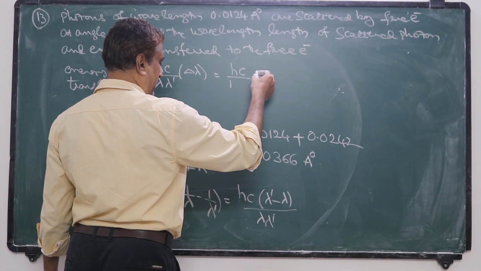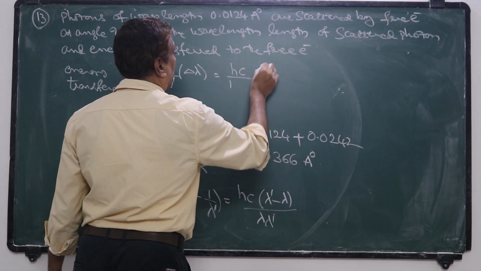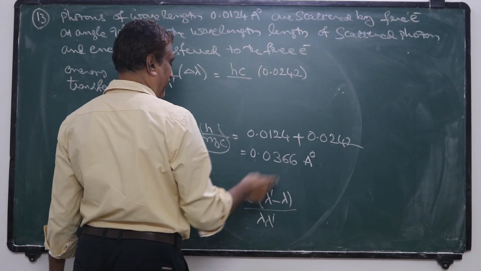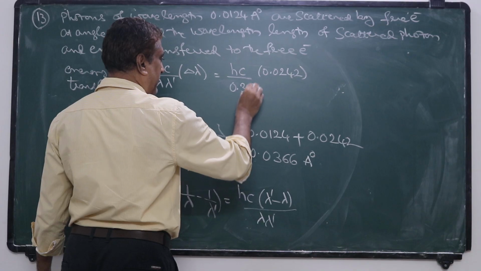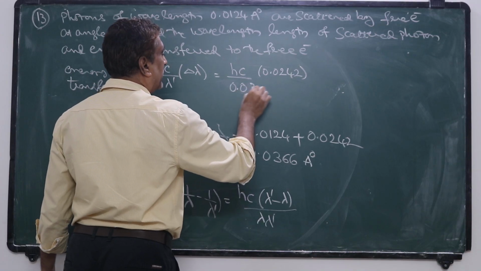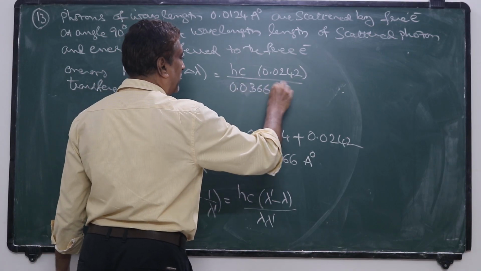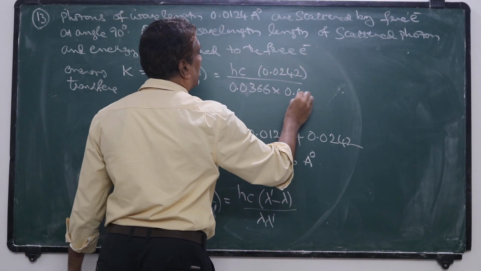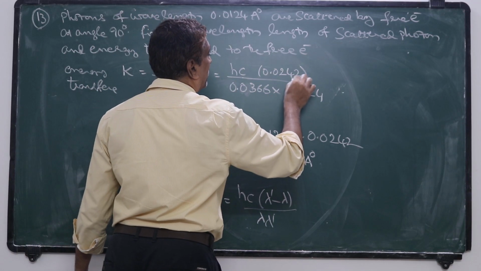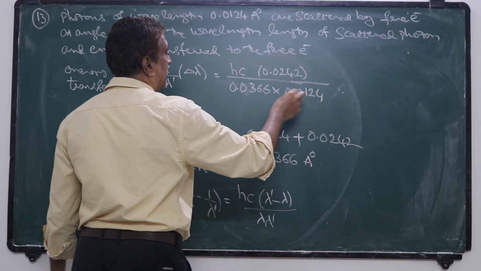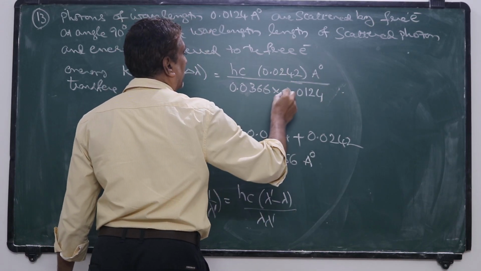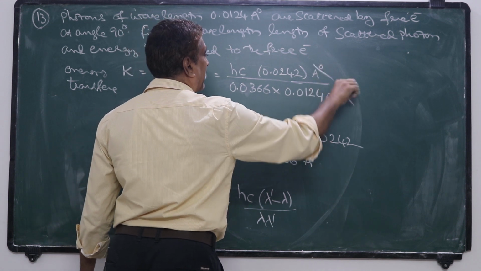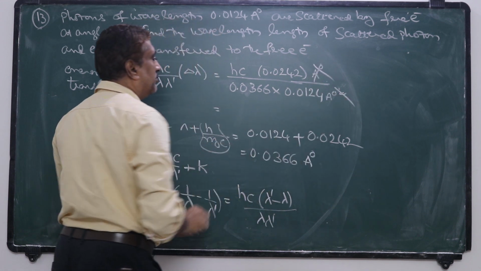That is hc into 0.0242 by 0.0366 into the lambda value 0.0124. All are in Armstrongs. This is in Armstrong and this is Armstrong square, so one will get cancelled.